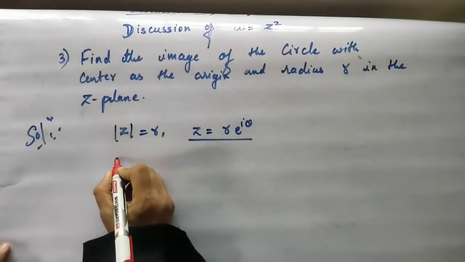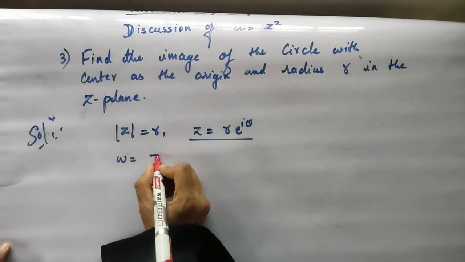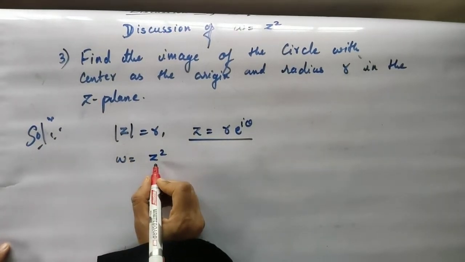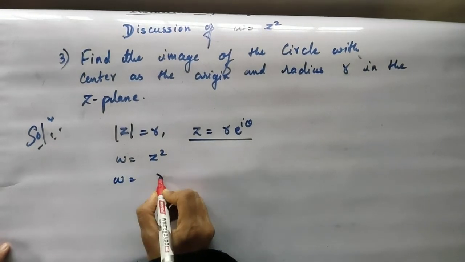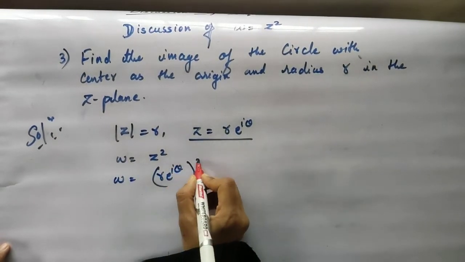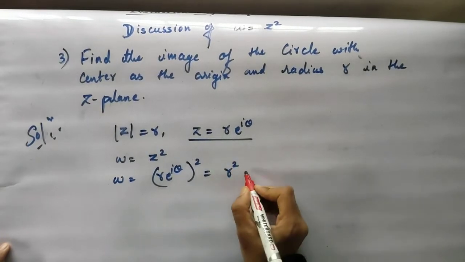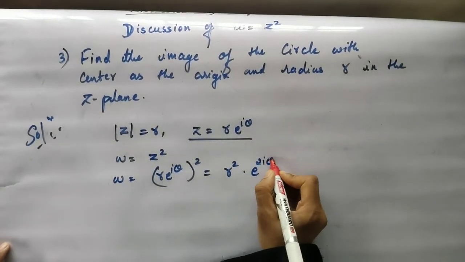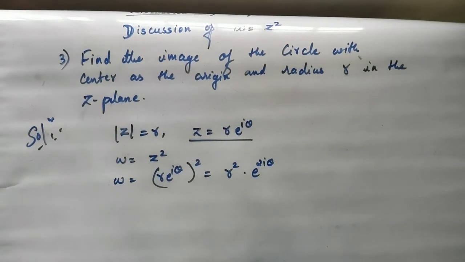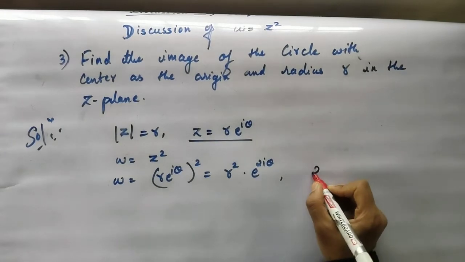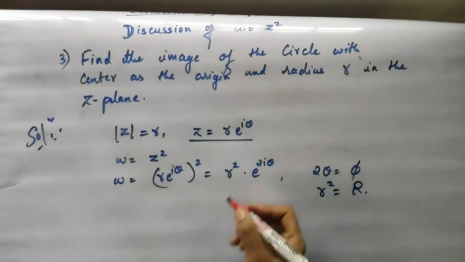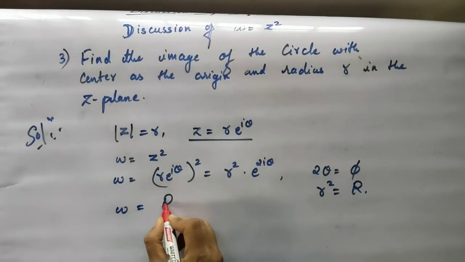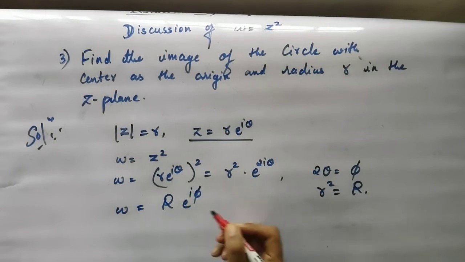Now you are given w = z². So let us substitute the value of z, that is r e^(iθ), here. So w = (r e^(iθ))², which is as good as writing r² e^(2iθ). If I write 2θ = φ and r² = capital R, how will this equation look? w = R e^(iφ), right?